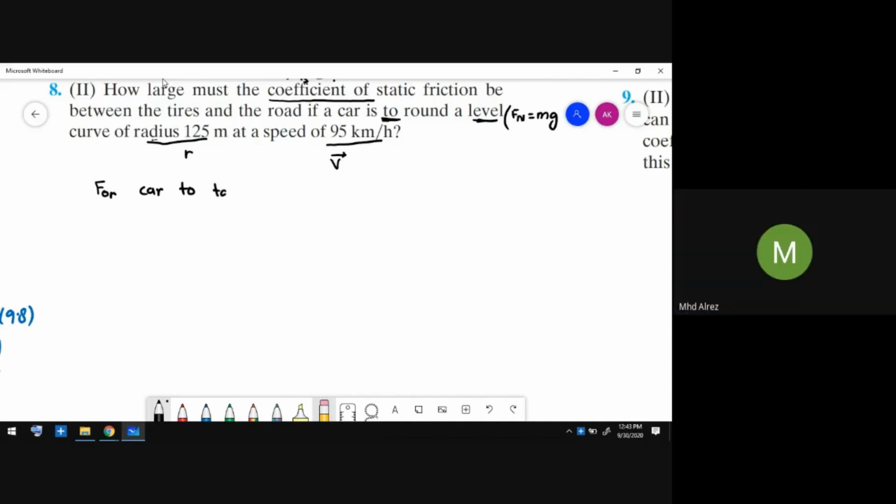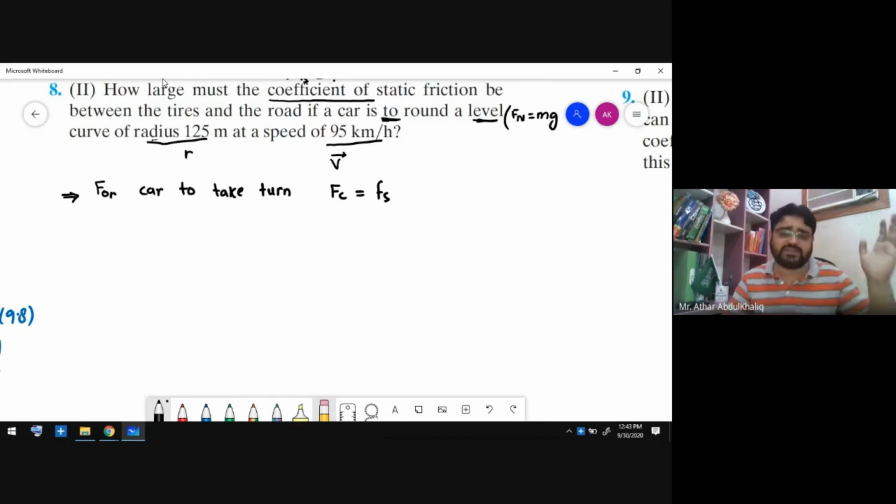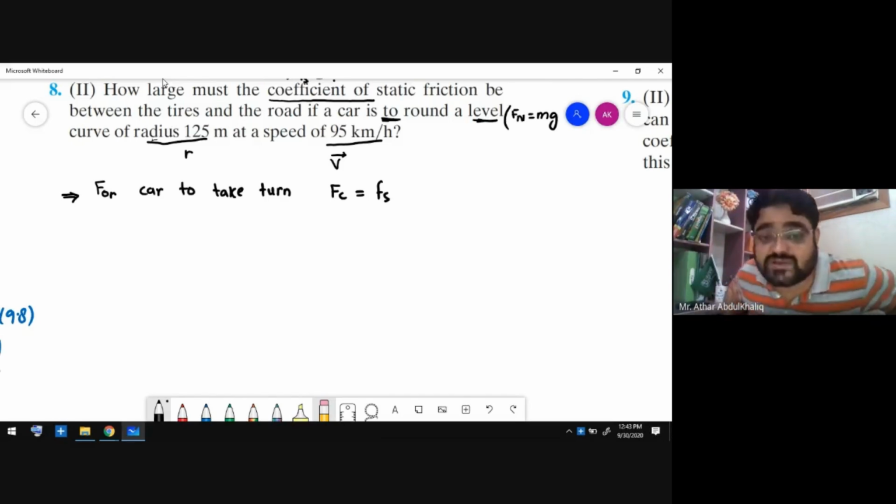The minimum requirement for the car to take the turn is that Fc should be equal to Fs. If Fs is more than that, then still it will take a turn. But if it is less, then it will not. So this is our condition for the car to take the turn.